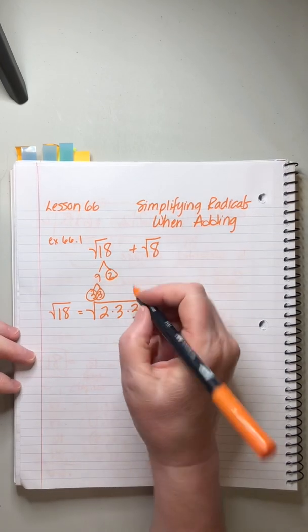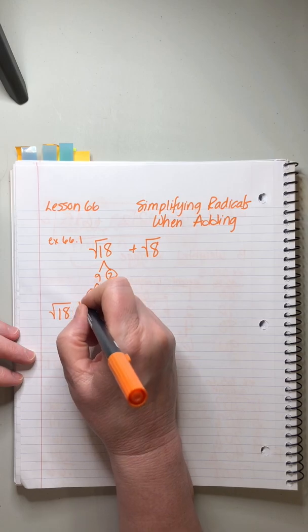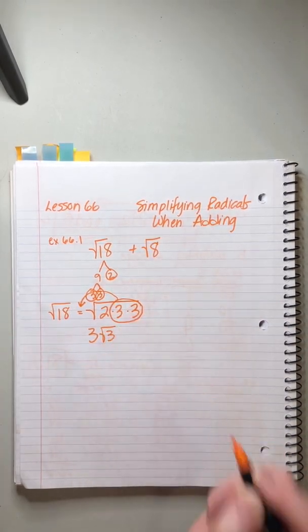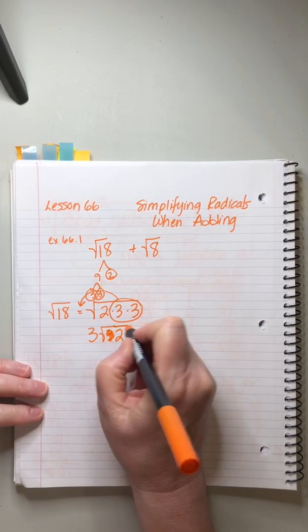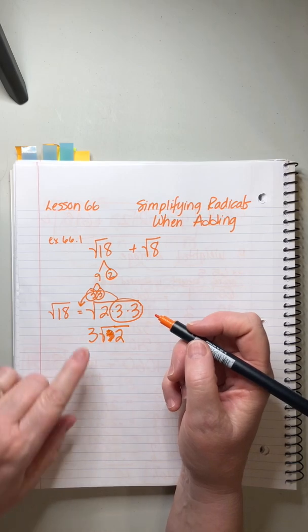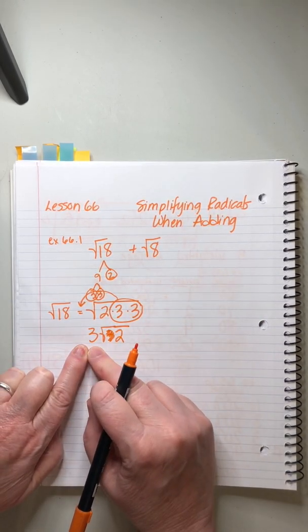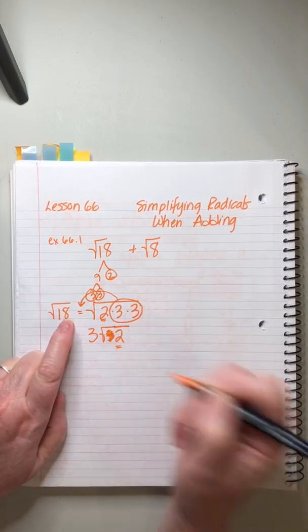And remember, a pair of pigs inside the house can jump out and become a single pig outside. So this one simplifies to 3 times the square root of 2. I said 2, but I wrote 3. So a pair of pigs inside equals a single pig outside. That's the rule. And the 2 was left over, so that's what we have.